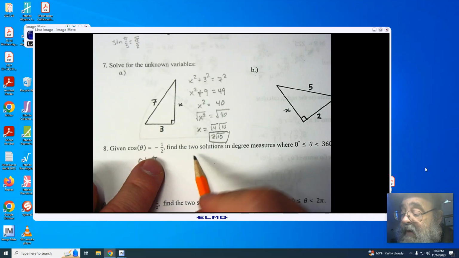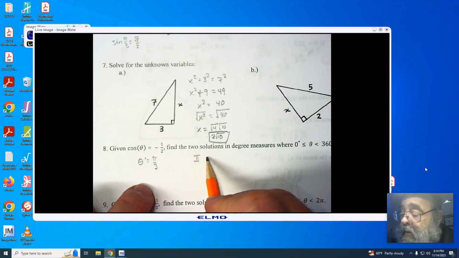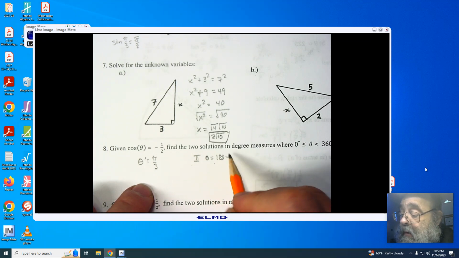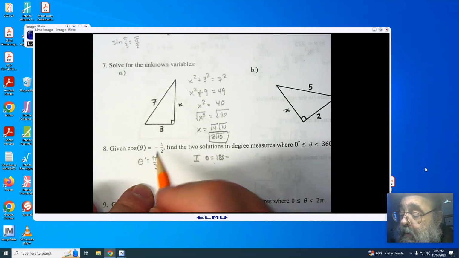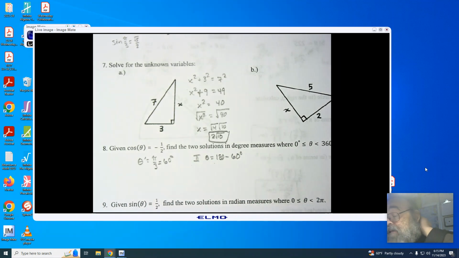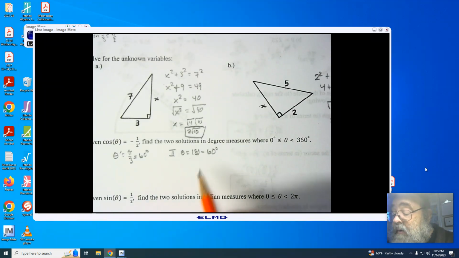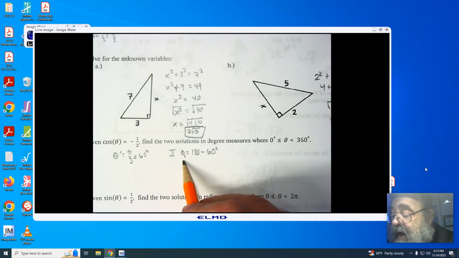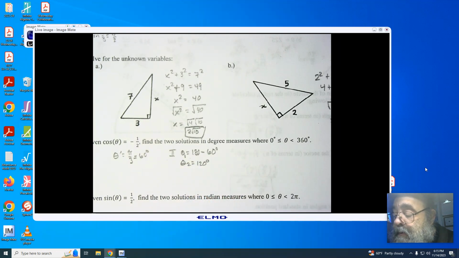Cosine is negative in the second quadrant, and we would be finding our angle by taking 180 and subtracting 60 degrees. I've got to remember I'm in degree mode, right, everybody? So I now subtract, and my first angle in the second quadrant is 120 degrees.